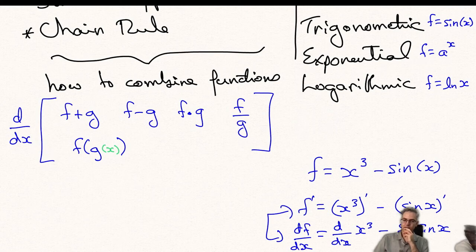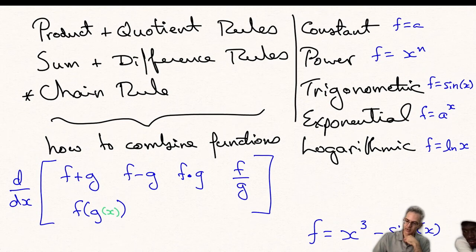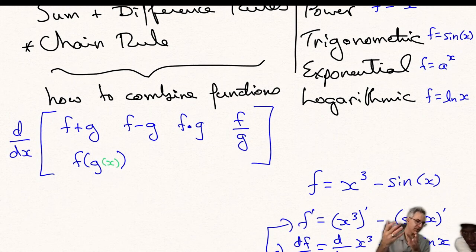So in a sense, we've used the difference rule to take the derivative of the whole function, which is the difference of the derivatives of each of the parts. And then I would go up here and say, okay, I know what the rule is for differentiating a power. I know the rule for differentiating a trigonometric function. We don't actually know it yet, but there is one.